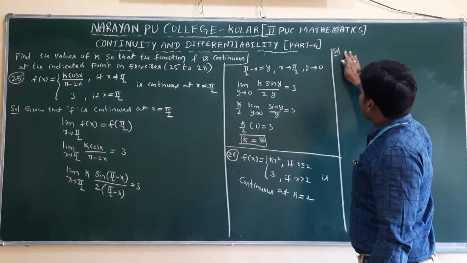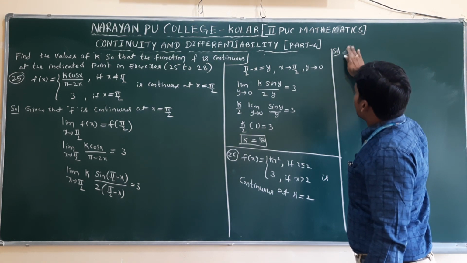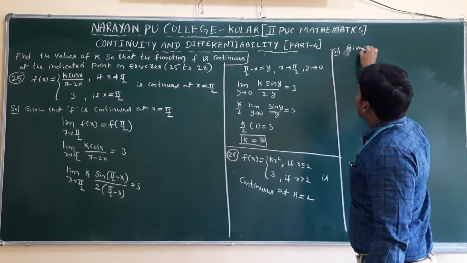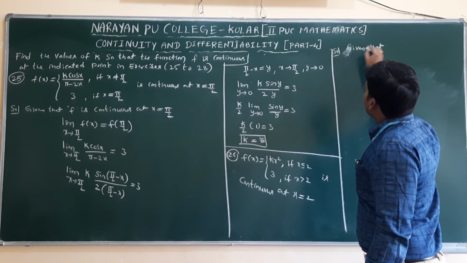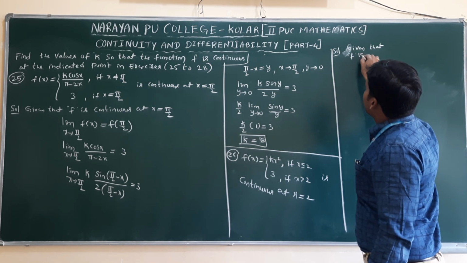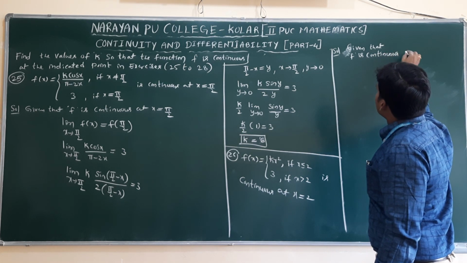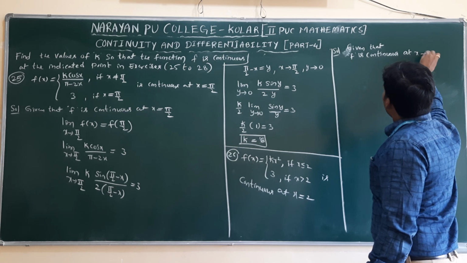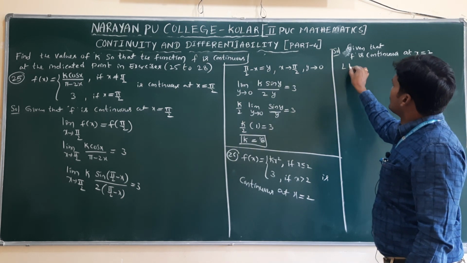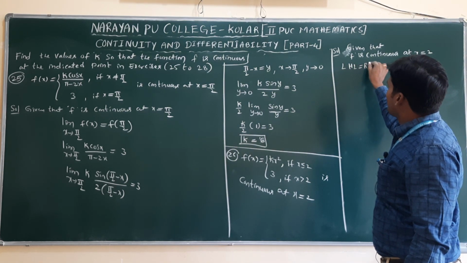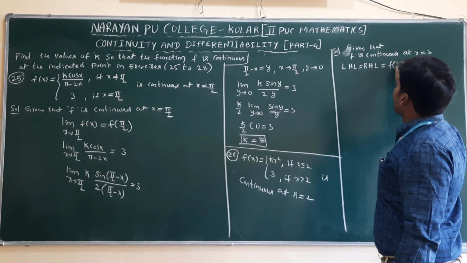That is what they have given, that f is continuous at x equal to 2. That means LHL equals RHL equals f of 2.